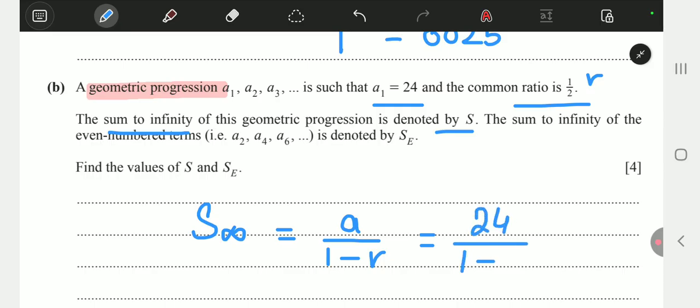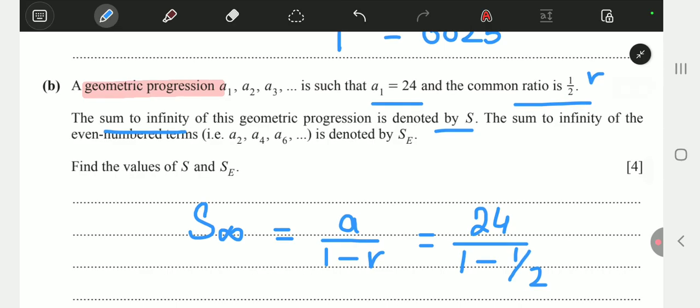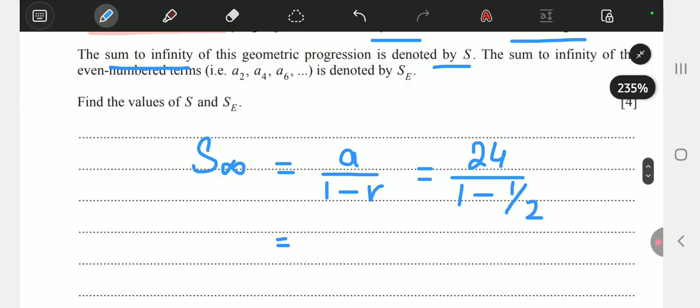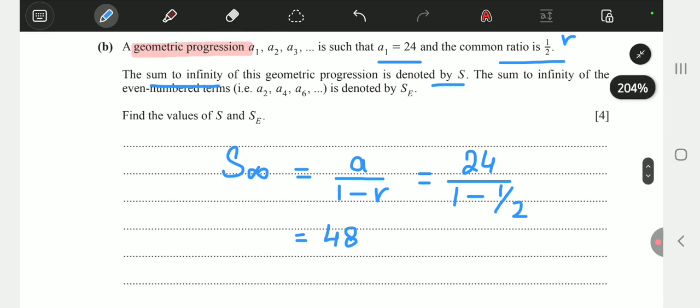And what is r? 1 over 2. So this is it. Solving this out, you will be getting it to be 48. Okay, 1 minus 1 by 2 will be 1 by 2. 2 will go in the numerator, multiplied by 24 will give you 48. Okay, so that's it. Till here, it's the simple version of it.